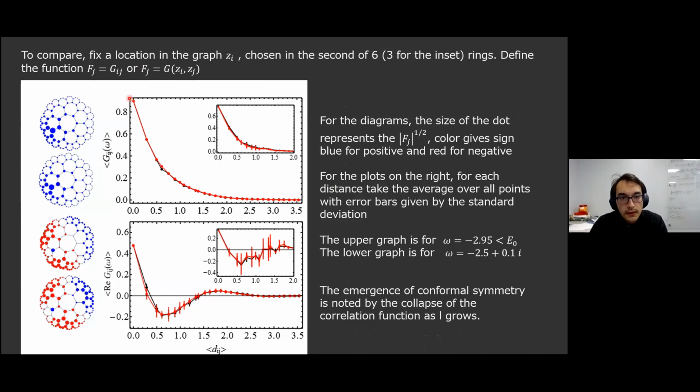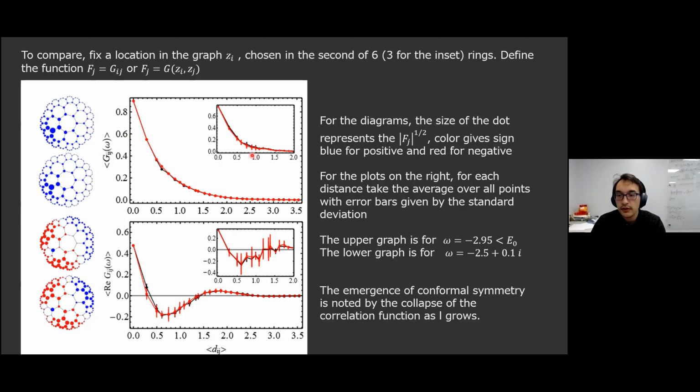The graph over here, for each value of the separation, takes the average over all the possible sites. So we fix I to a specific value, and this is a function that depends on J. Then you take the correlation for each point that is separated by this much, and you take the average, and that's how you obtain these graphs.